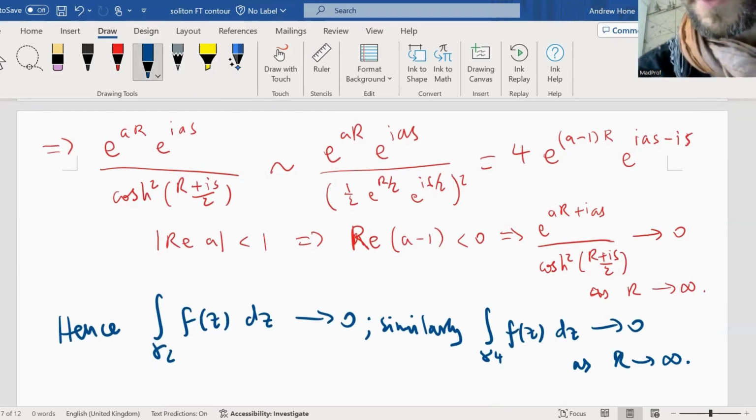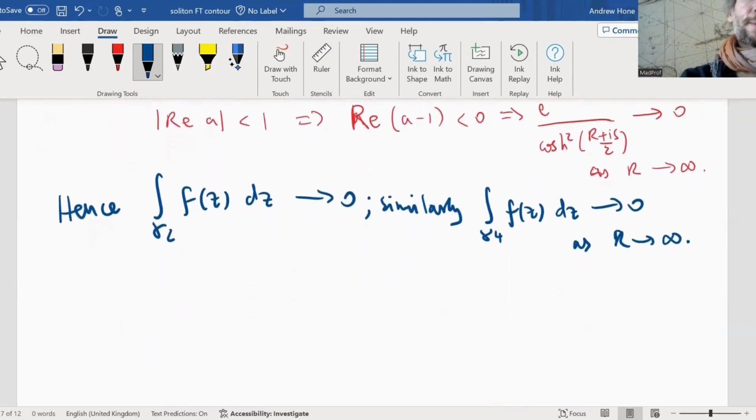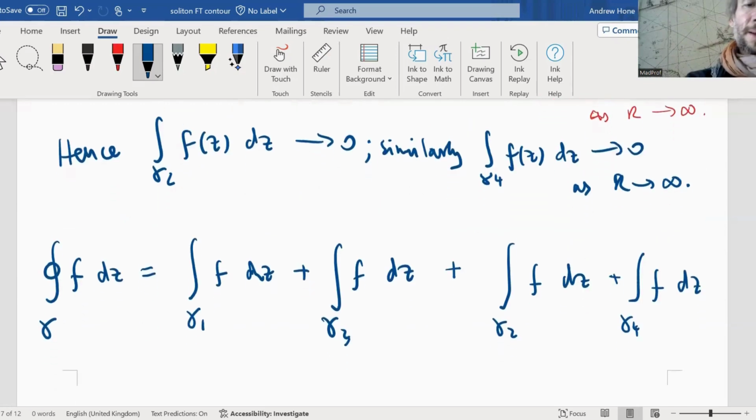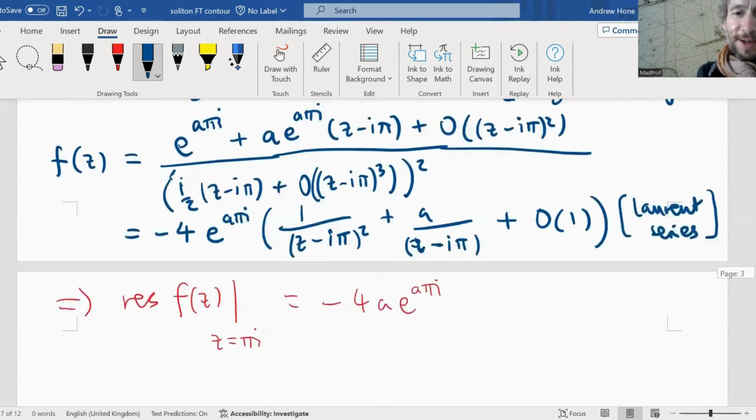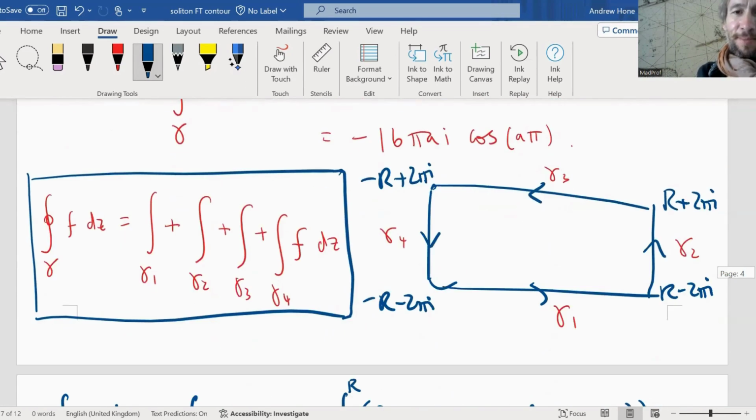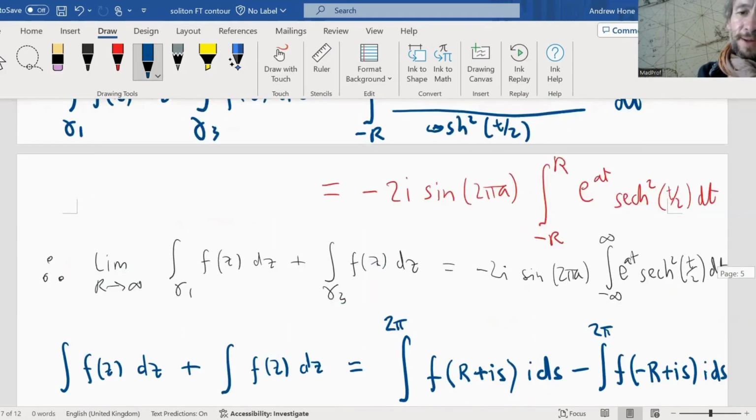Now, what do we have at the end of the day? Now we can work out the answer that we wanted. So what we've shown is that this integral around the contour gamma is equal to, and we know that from the residue calculation, the residue calculation gave us -16 pi a i cos a pi.